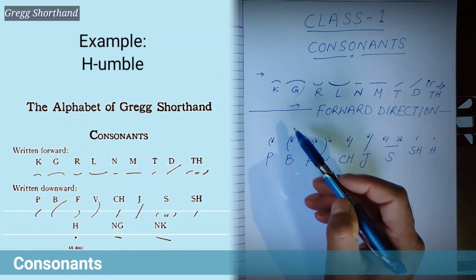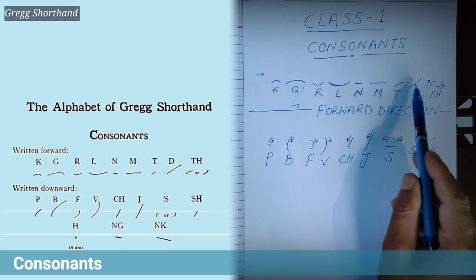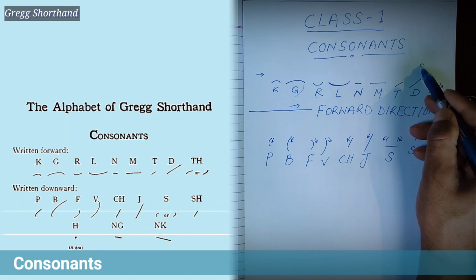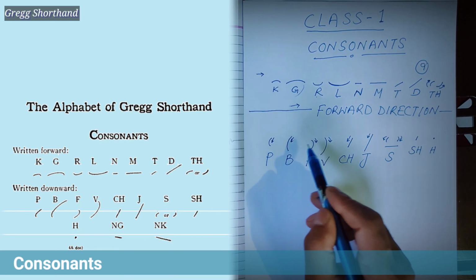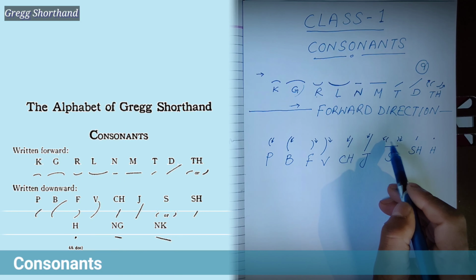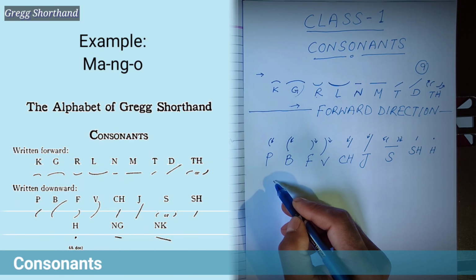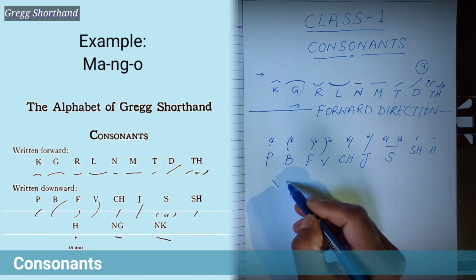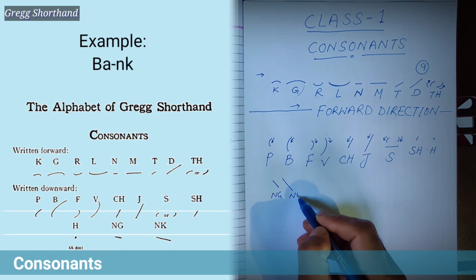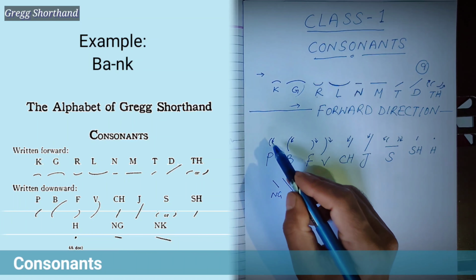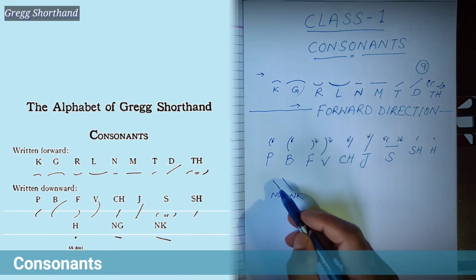So if we count, we have 9 characters over here in the forward direction, and 9 in the downward direction, and we have NG and NK. If this is NG, this is the NK sound.